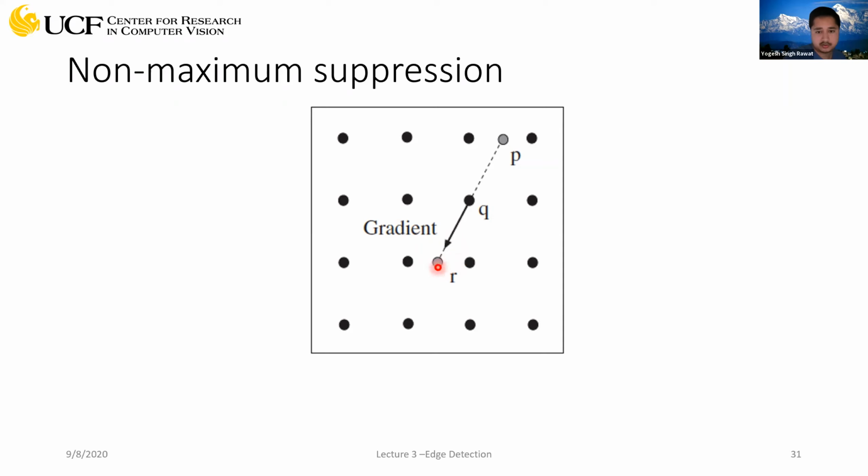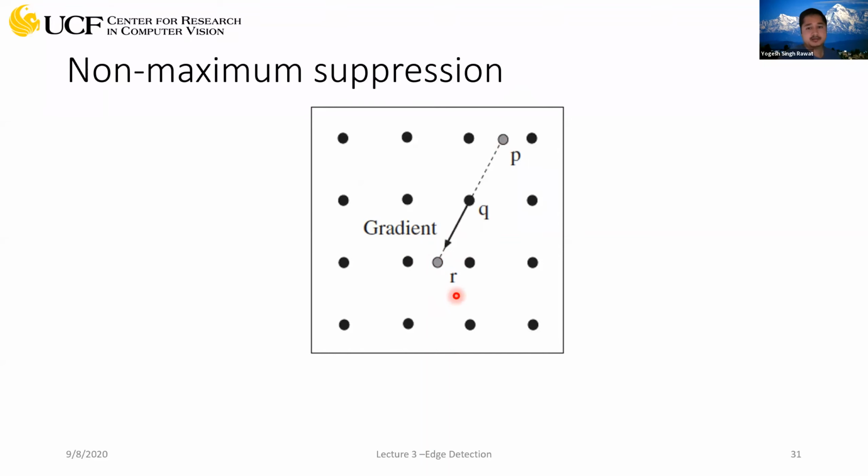If this R point is close to this location, you will just use this value, and if it's close to this one, you will just use this value. That's one way. The other way is to interpolate the values of these two based on the position of this point. If this point is in the middle of this and this, we'll just average these two values. And same for P.